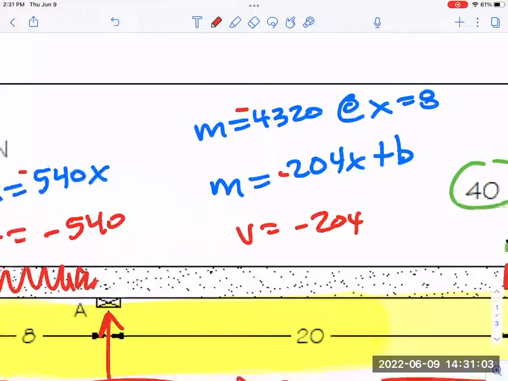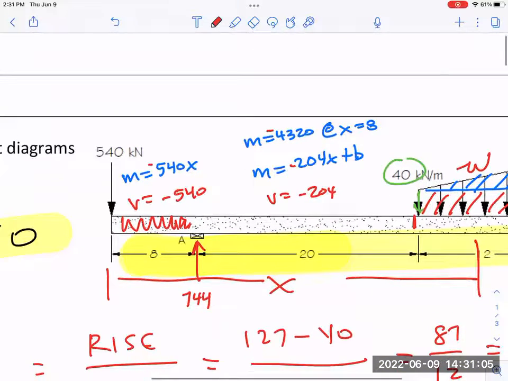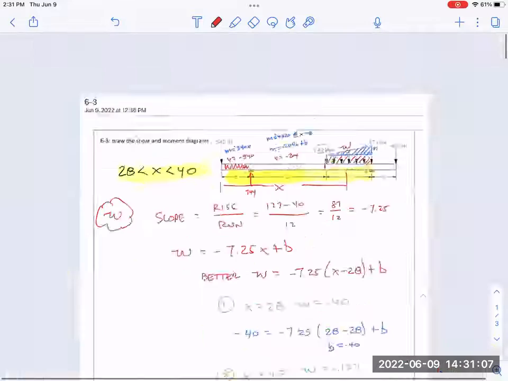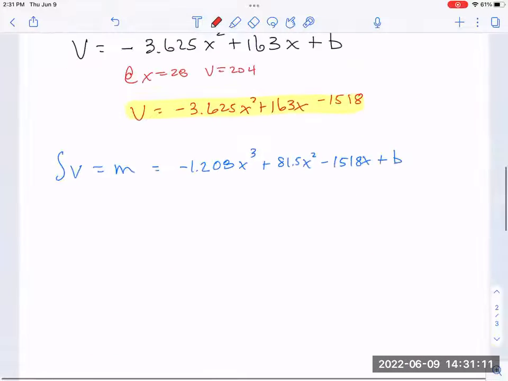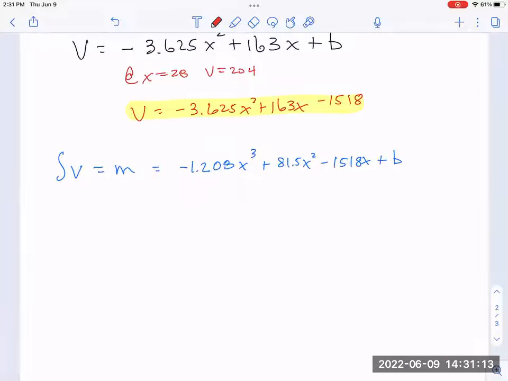Yeah, and then we could take that equation and see what we're at 28, and then we'll finally be able to get the equation we're after. But your answer for negative 5952 might be wrong. I think it is because I don't have a negative in front of my 204. Big old question mark.